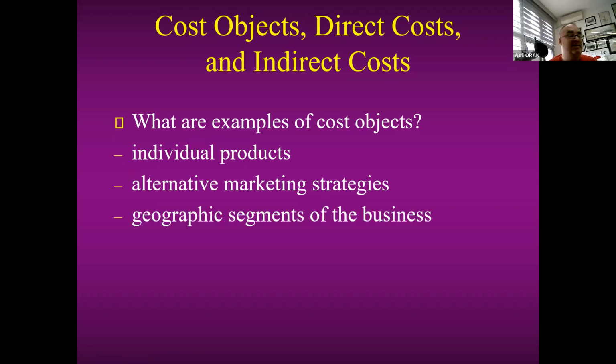Or how much is our factory in Istanbul costing? How much is our factory in Izmir or in Ankara costing? Or how much are our operations in Turkey costing? So all of these may also be different cost objects. Or within a particular company, you might be looking at different departments. What is the cost of our HR department or our finance department?